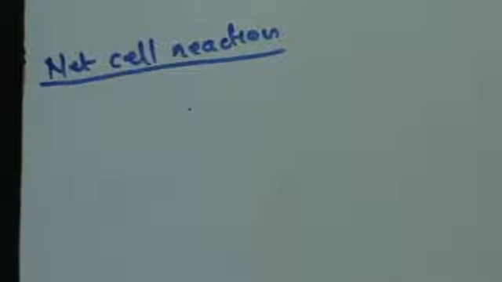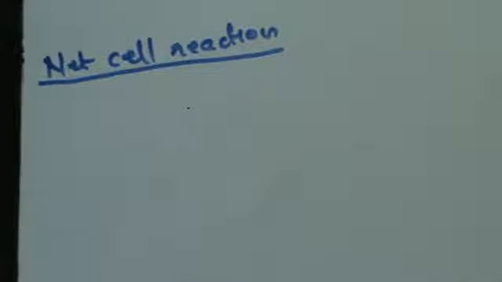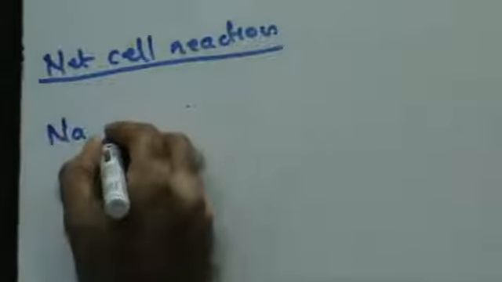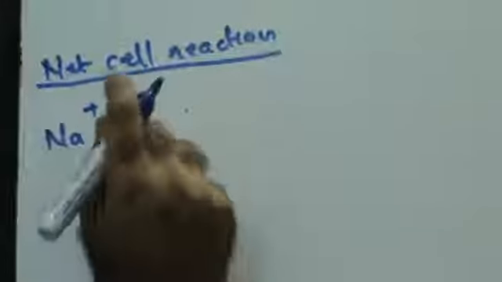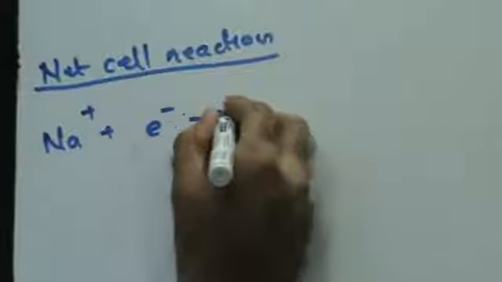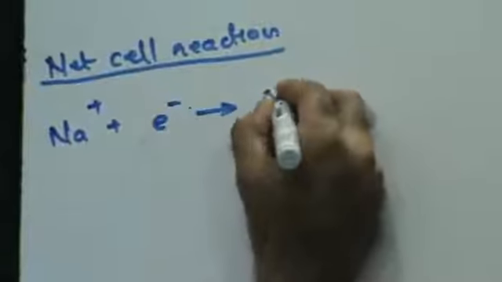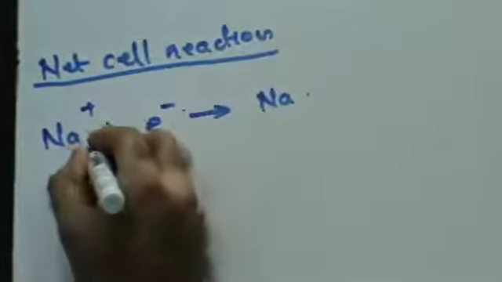The net cell reaction would be the reduction half multiplied. You have the reduction half, which is Na+ plus e- gives you Na liquid.